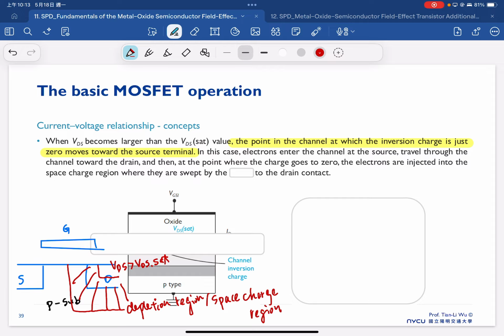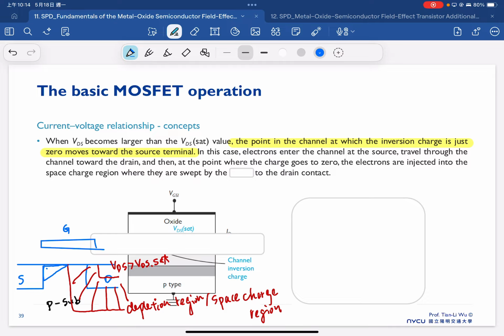In this case, because of the formation of this wide depletion region, the inversion channel will start to move toward the source side and become as shown here.